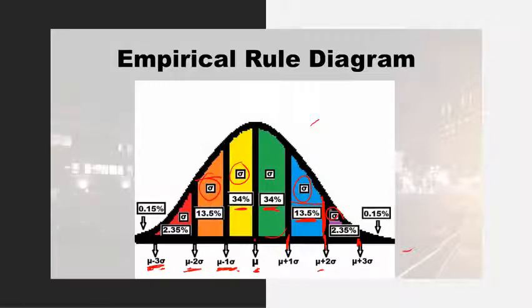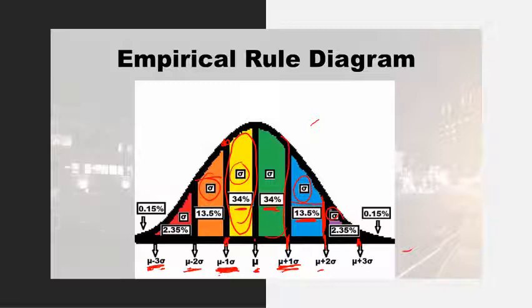If we go over here, from the mean, this covers 34% of your data, where your lower limit is the mean minus 1 standard deviation and your upper limit is the mean plus 1 standard deviation.